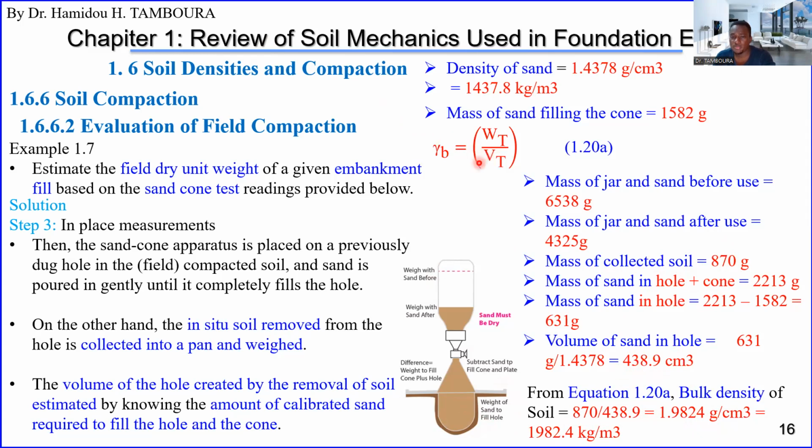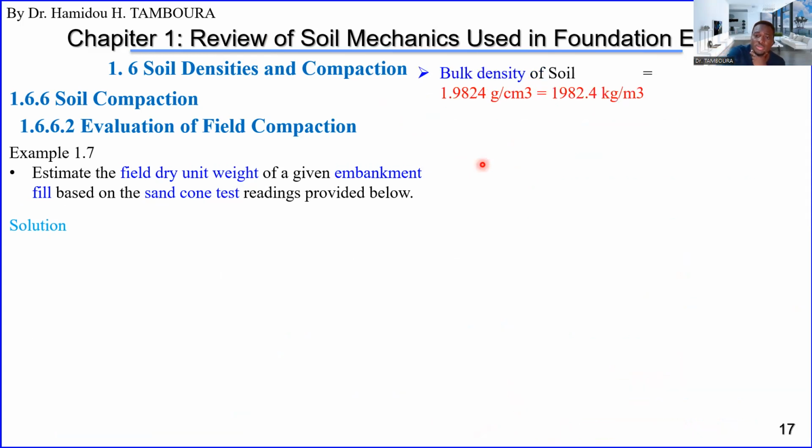This is the bulk unit weight, because the soil collected from this hole is wet, not dry. Okay, so we will write the bulk unit weight here. We keep it here, the new result.